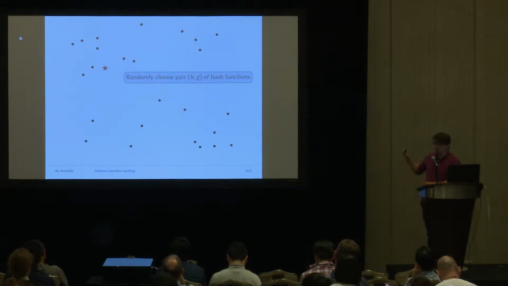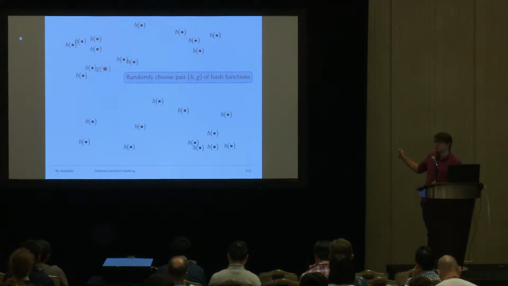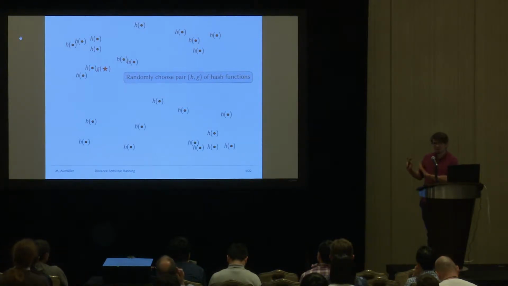We pick a random pair of hash functions, choosing randomly from a family of hash functions, 2 functions h and g. We are going to use h for all of our data points, and we just hash those to, let's say, a number, to some range. We are going to use this other hash function, g, to hash our query point. I'll give you some examples of how these hash functions can look.